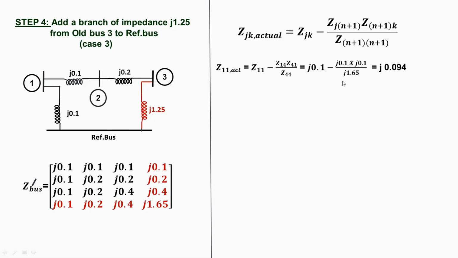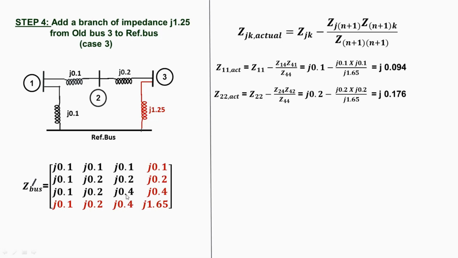Then substitute all the values and calculate, you get j0.094. Then the second diagonal element, Z22 actual. Z22 actual is equal to Z22 old, that is j0.2, minus Z24, j0.2, then Z42, j0.2, divided by Z44, j1.65. Then simplify, get j0.176.